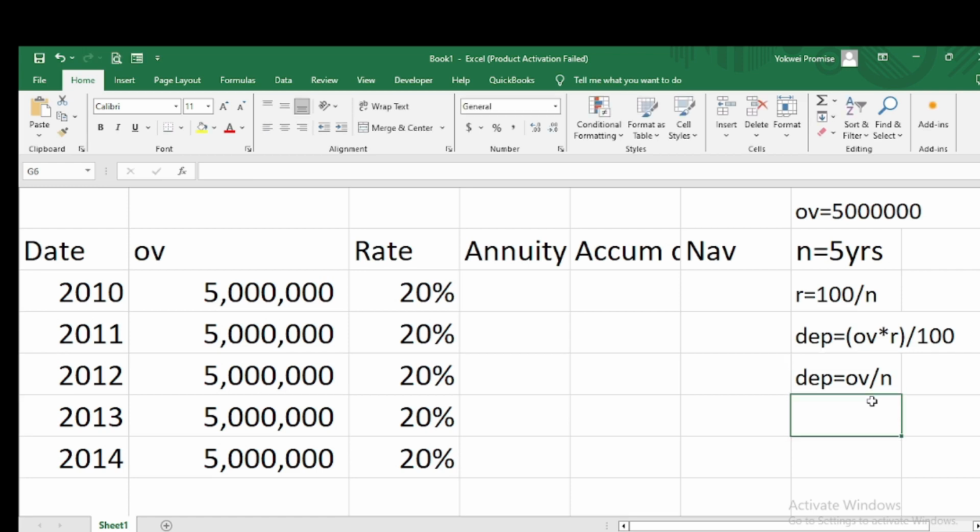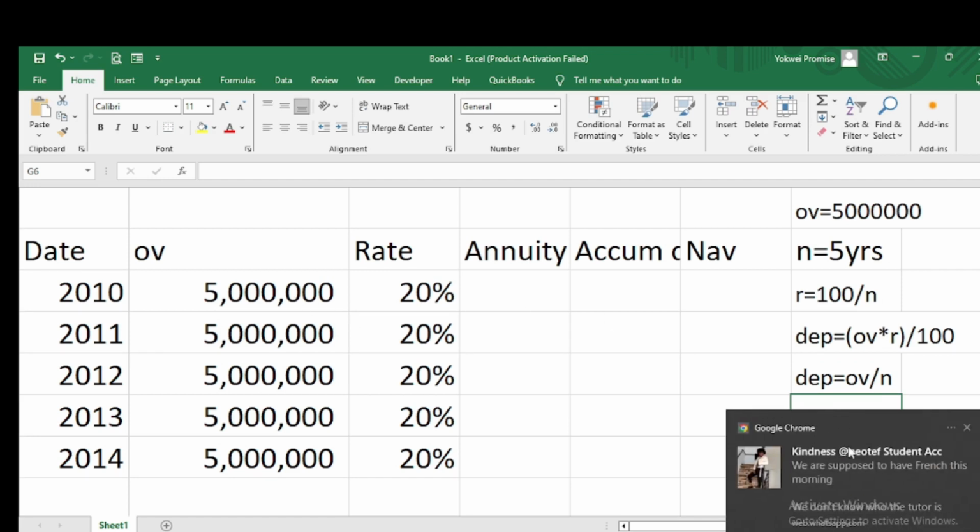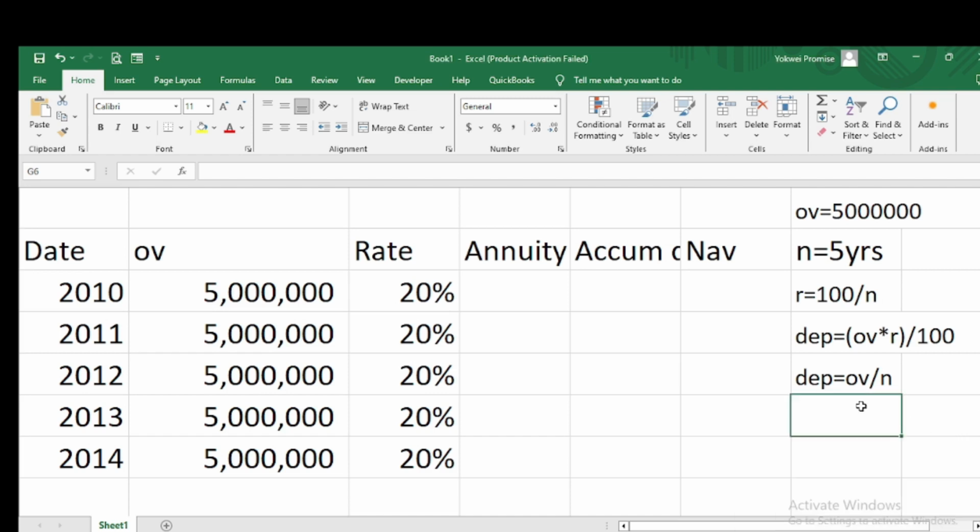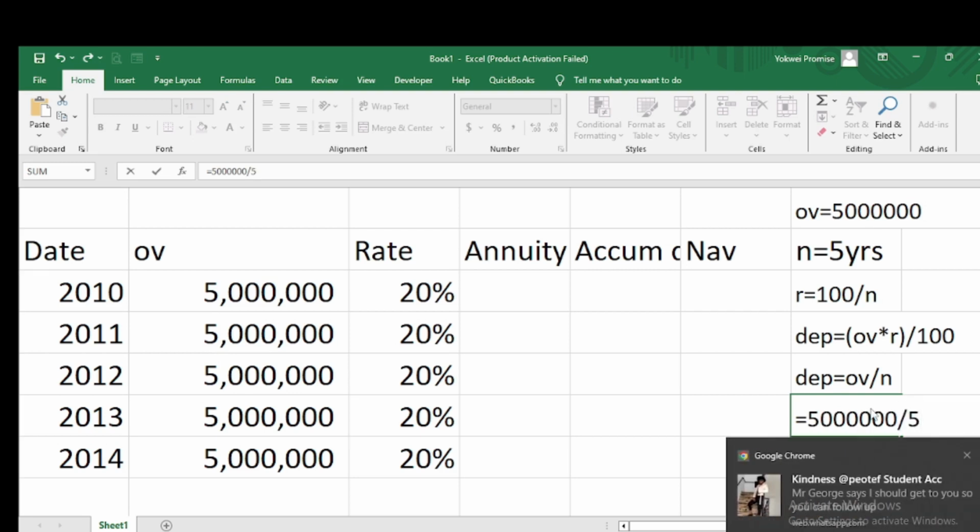OV divided by N. So what is our OV? Our OV is 5M, and what is N? 5. So 5 million divided by N, which is 5.